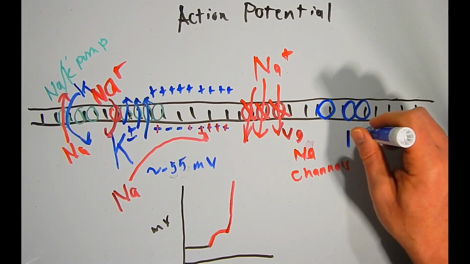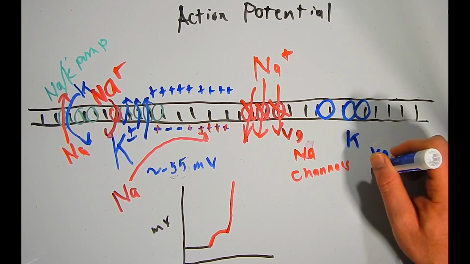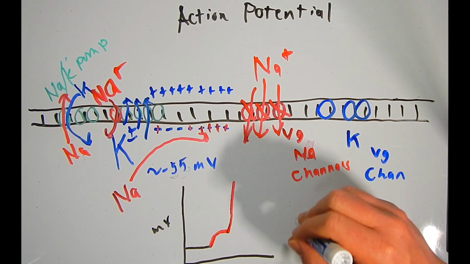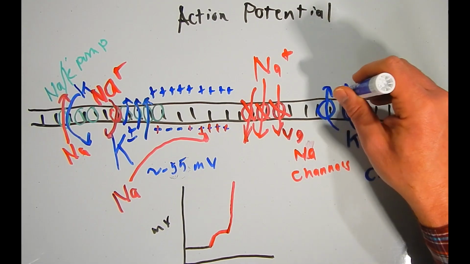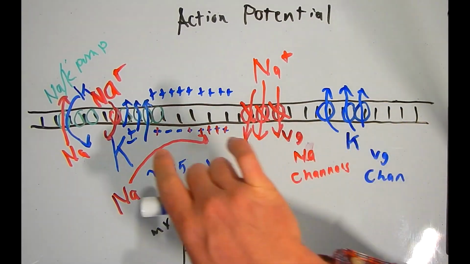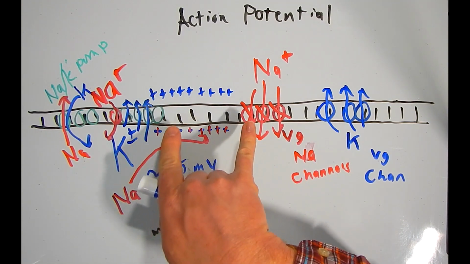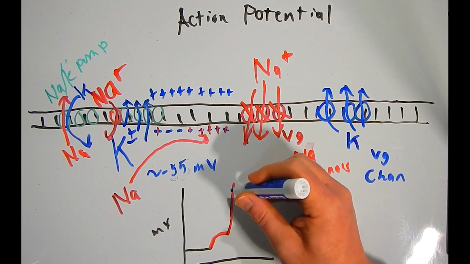you have potassium voltage-gated channels which are now open. Those voltage-gated potassium channels will allow potassium to flow freely. Now we have those potassium voltage-gated channels that are open, plus we still have those leak channels that are open. As a result, the membrane is now even more permeable to potassium than it was before.